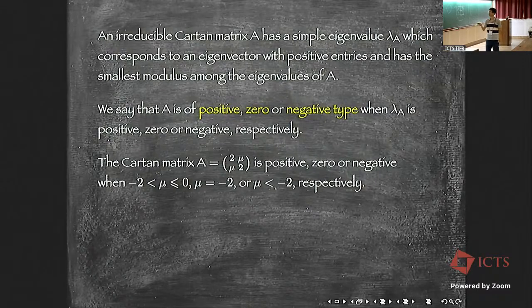Okay, let's look at this simple Cartan matrix A. Let's say this value is −2, then in fact this is zero type. In fact, this eigenvector will be the (1, 1) eigenvector, and then the corresponding eigenvalue is 0. Okay, and if μ is less than 2, then it's negative type.